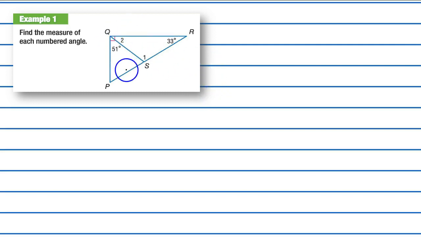So I can say that the measure of angle PQR, let's take it in pieces, is equal to the measure of angle PQS plus the measure of angle SQR.